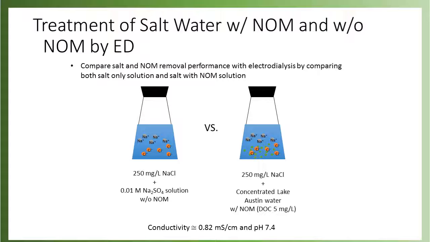And I targeted the DOC concentration 5 milligram per liter, and I added some sulfate buffer. And also the conductivity of each of them is 0.82 millisiemens per centimeter, and pH is about 7.4.